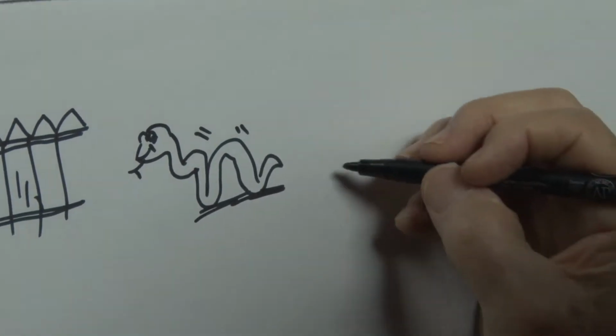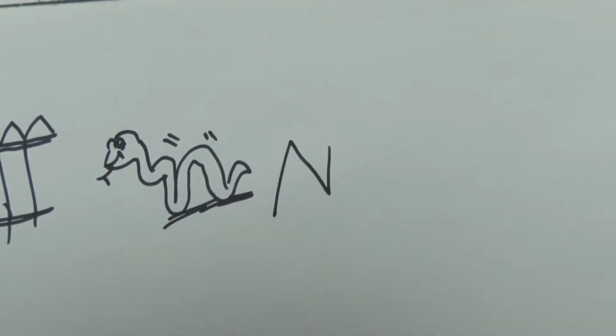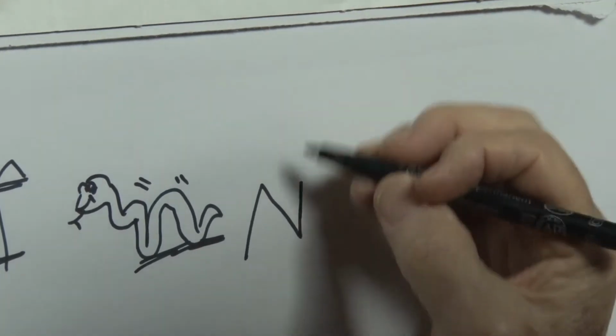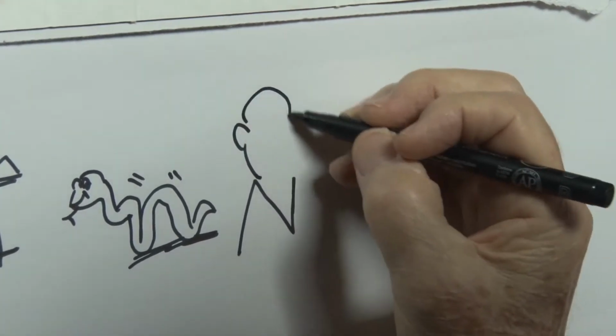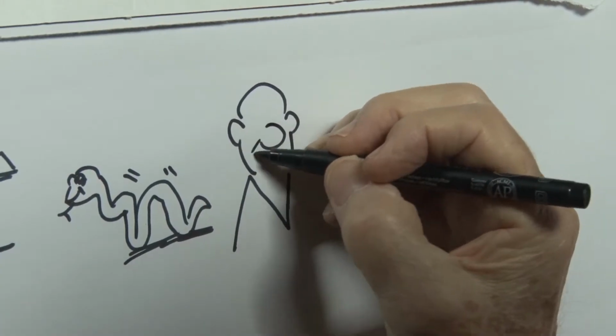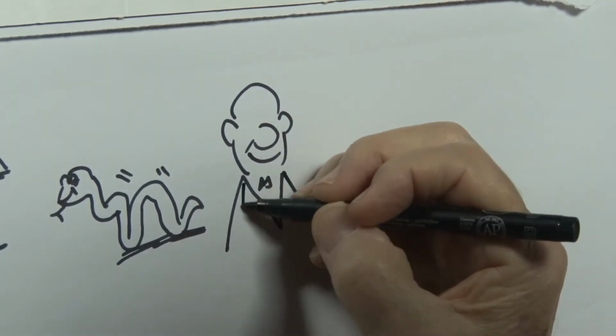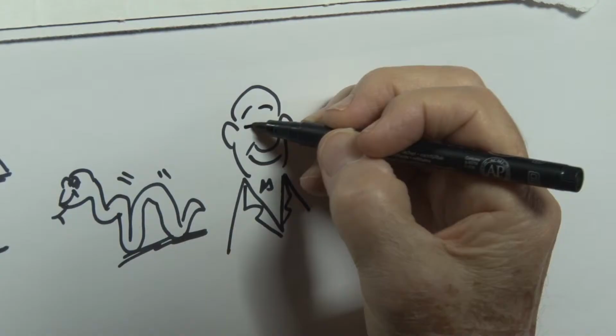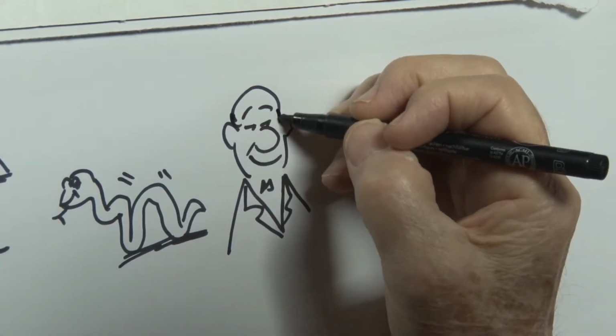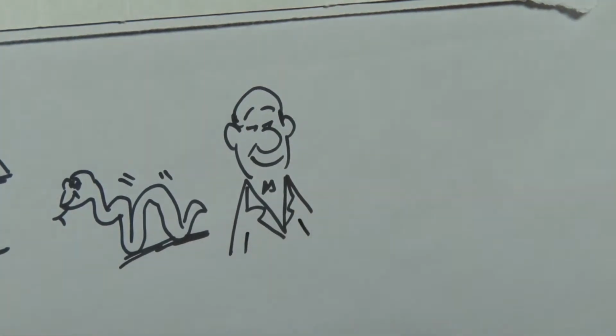Or if you want to draw a person, you can do an N like this, and put a head on top of it, and a tie, and there's a gentlemanly looking guy.